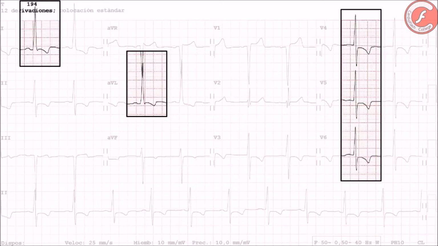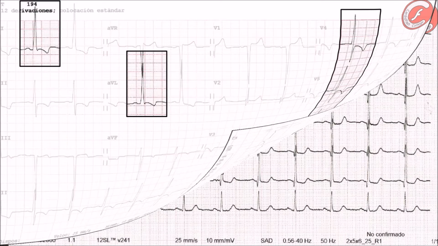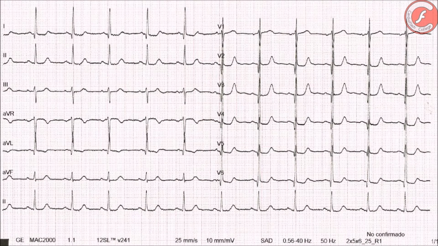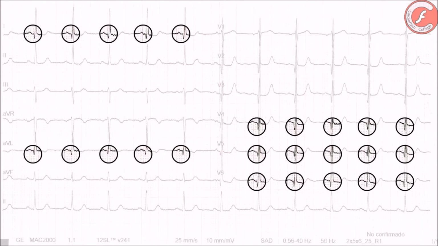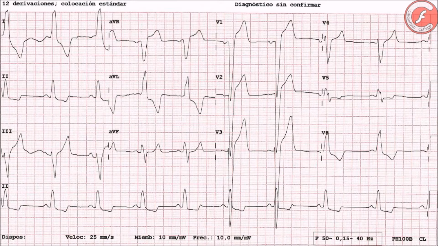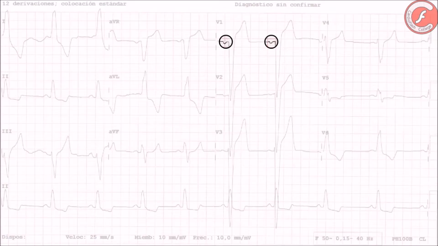Alterations in ventricular repolarization, frequently expressed as inverted T waves in lateral precordial leads, pathological deep and narrow Q waves in inferior and lateral leads, reflecting severe septal hypertrophy, complete bundle branch block or left ventricular conduction alteration due to fibrosis and myofibrillar disorganization, and finally dilation of the left atrium.